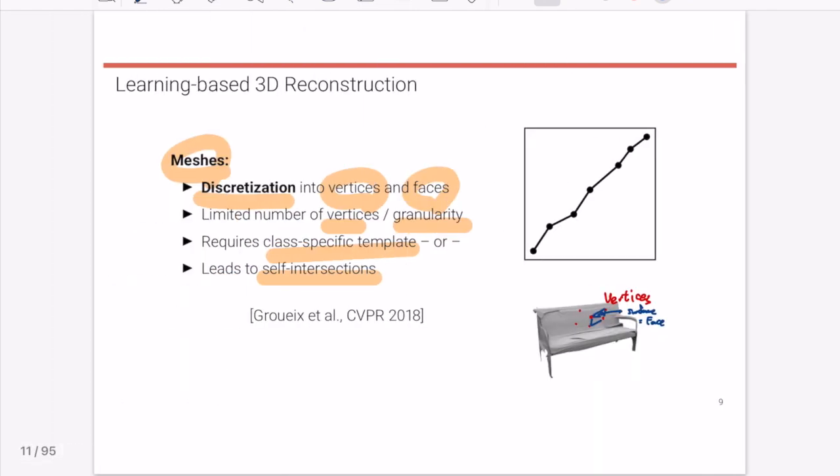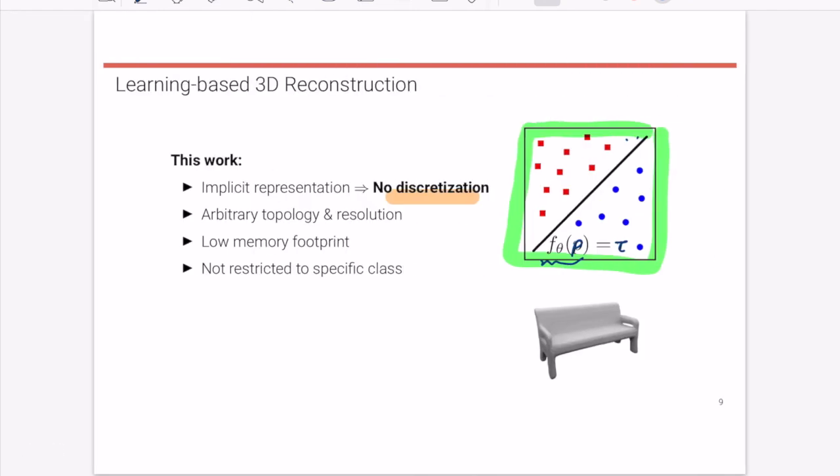Compared to the previous explicit representations, it only requires the learnable parameter theta, which is of course much smaller than the explicit representation. The pros: it represents arbitrary topology and resolution, it requires a low memory footprint, and it's not restricted to a specific object class.